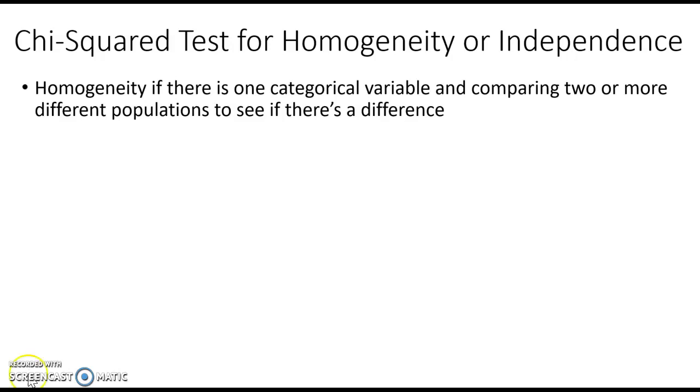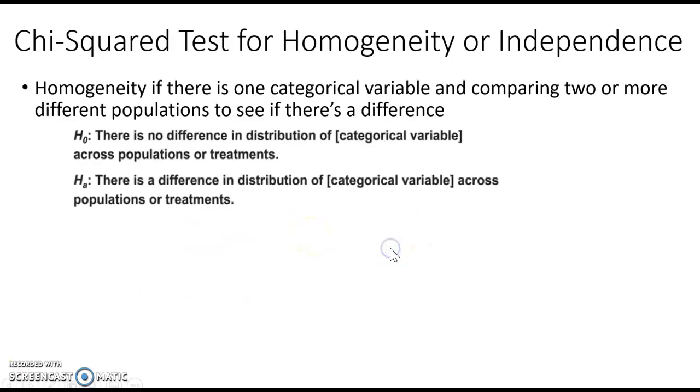So for homogeneity, you're trying to compare two different populations and seeing if there is a difference. Your null hypothesis, just as with all null hypotheses, says there's no difference in the distribution between the two populations. And for your alternative, you're saying that there is a difference.